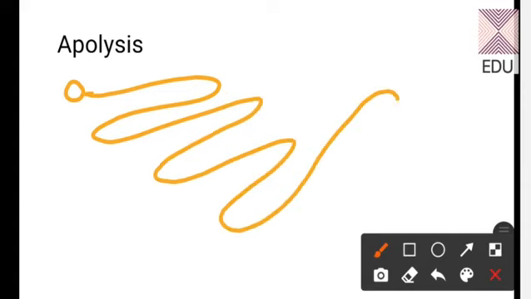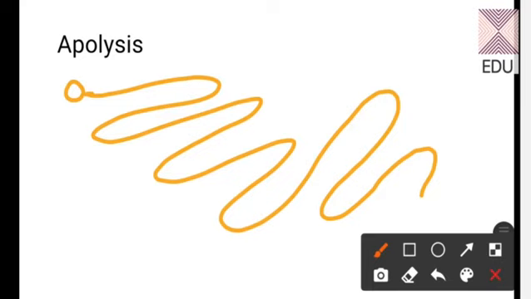So students, we know that the Taenia solium can reach up to 5 meters length. Now suppose this is the scolex. I am trying to draw one Taenia solium. Then it has a small neck, and this is the body of the Taenia, and now it has got the 5 meter length, suppose.